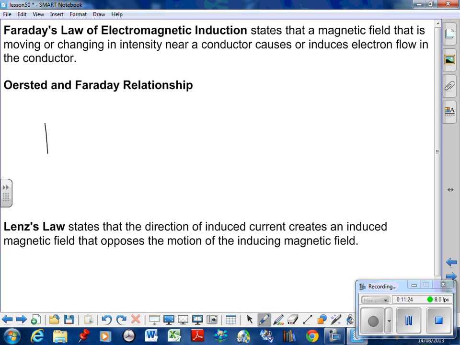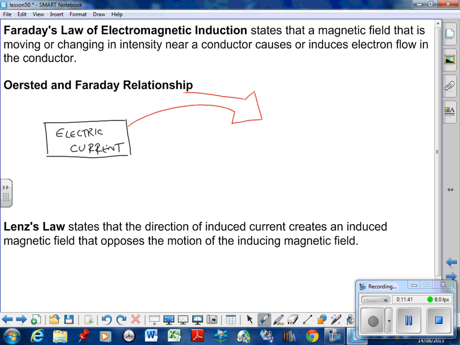Well, it means this. If I have electric current over here in this box, Ørsted, let's see if I can make it a decent arrow. Ørsted said if you have electric current, then you can create magnetic fields.